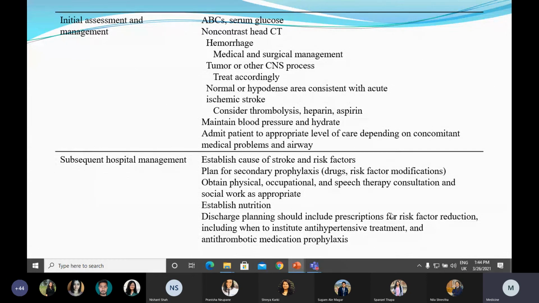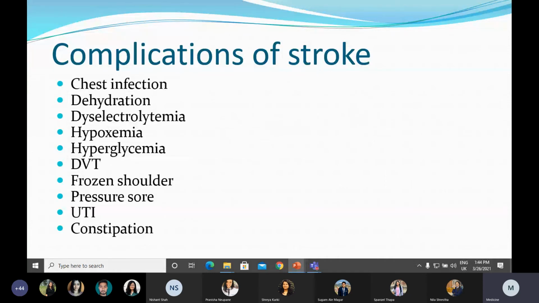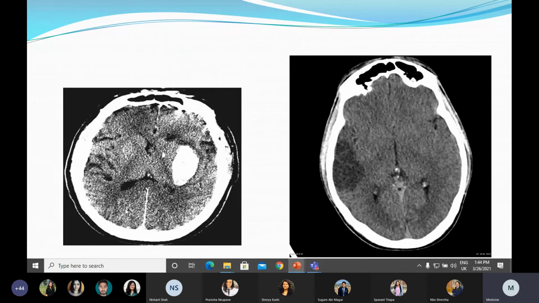If the patient is hypertensive, then we go for antihypertensive treatment, antithrombotic medication prophylaxis if necessary. Antithrombotic medications are usually given in those patients who have atrial fibrillation as an etiology of ischemic stroke, like warfarin. We give warfarin. There may be complications like chest infection, dyselectrolytemia, hypoxemia, hyperglycemia, DVT, frozen shoulder, pressure sores, UTI, constipation, which we have to deal with.